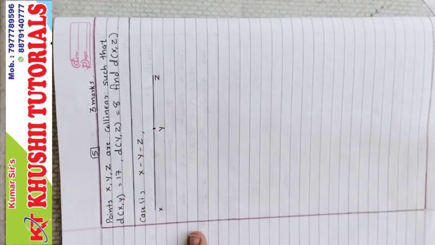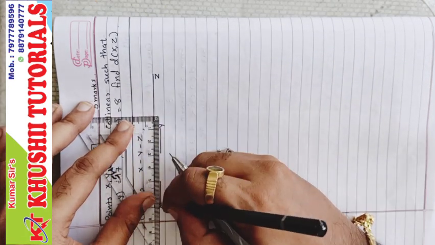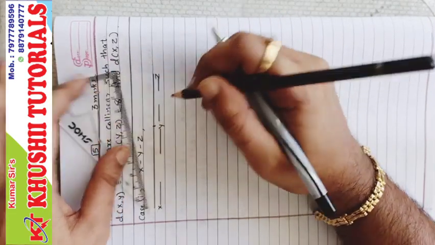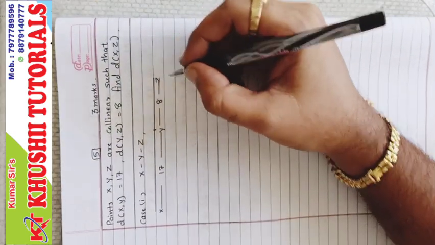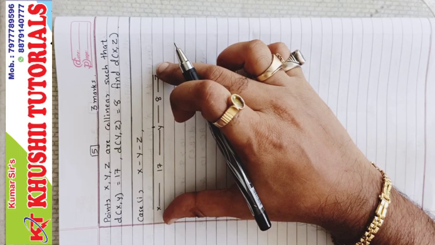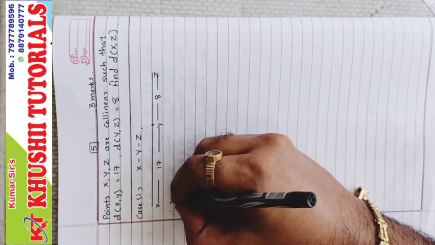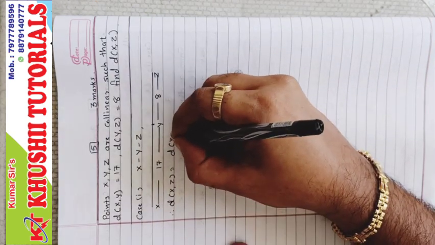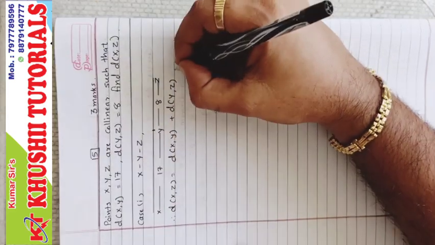Now XY is given 17. YZ is given 8. So 17 and 8, which is possible. So we can get XZ. XZ will be 17 plus 8 is 25. So therefore distance XZ equals distance XY plus distance YZ.